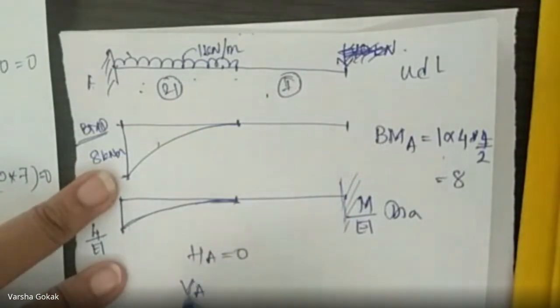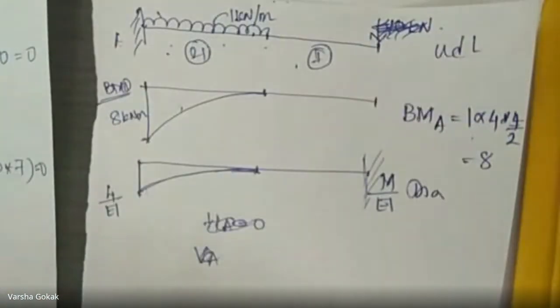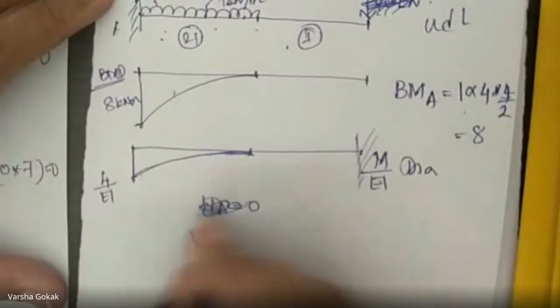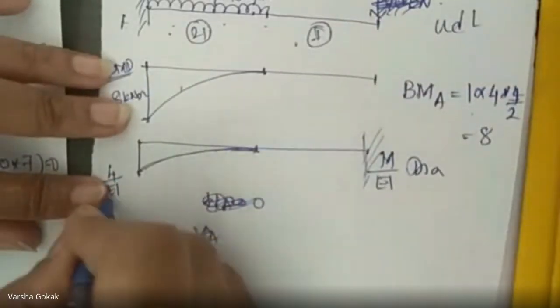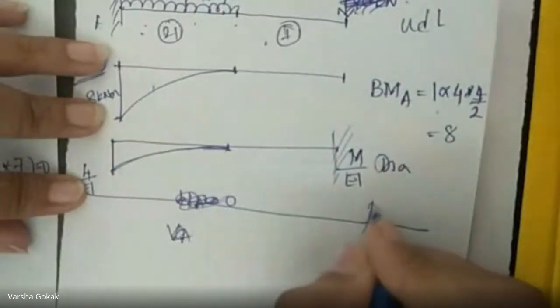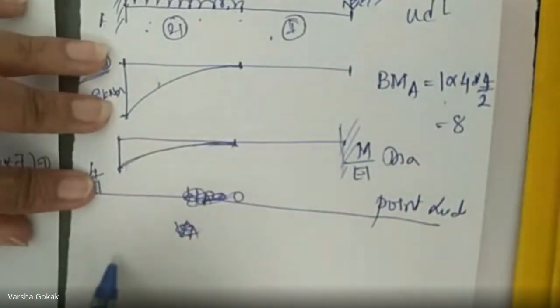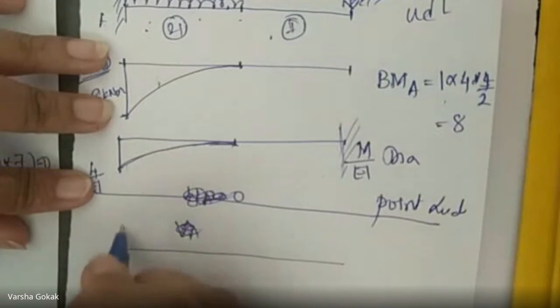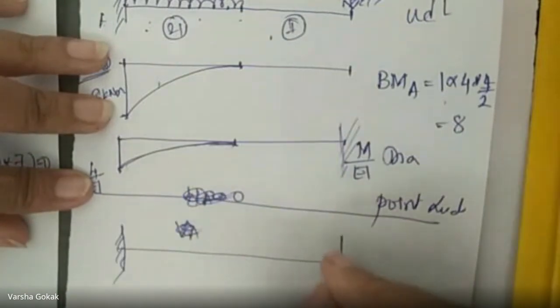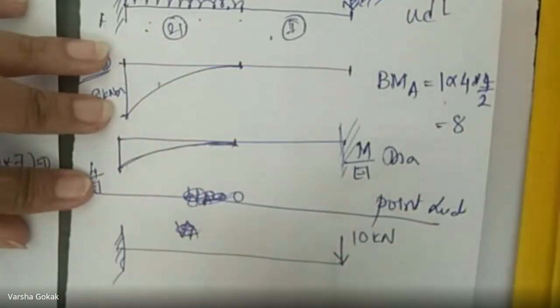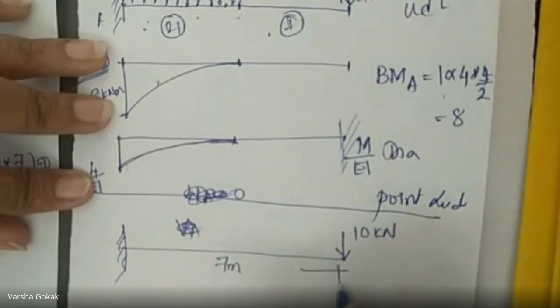We will consider it at once when we are drawing the conjugate beam. Don't do it separately. This is for the UDL, then take the point load. Now the point load diagram would be like this. This is the point load, 10 kilonewtons, and the total is 7 meters.